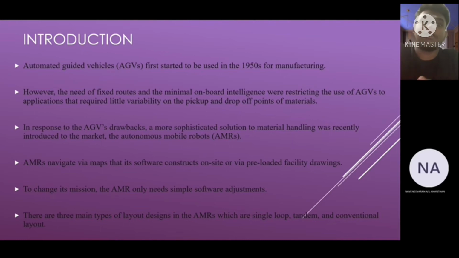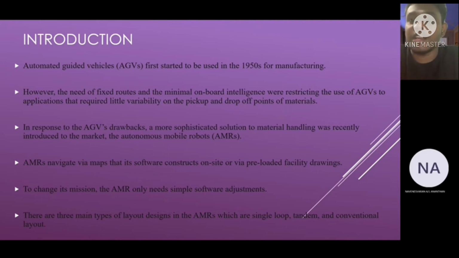Changes to the pathway are simply too expensive and disruptive to be cost effective, as they are typically installed in the floor. In response to the AGV's drawback, a more sophisticated solution to material handling was recently introduced to the market, the Autonomous Mobile Robots, AMR.